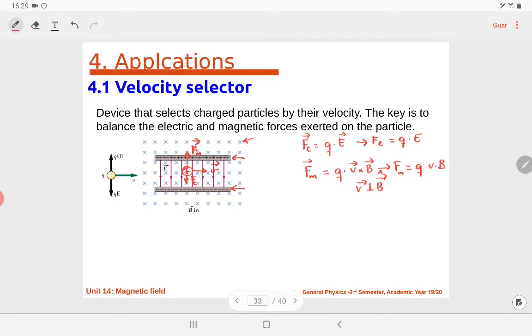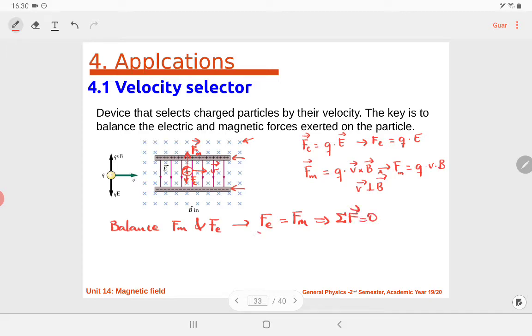So let's imagine that for some particle there is a balance between the magnetic force and the electric force. The electric force is equal to the magnetic force, and as you know, they have opposite directions. So if they are balanced, this means that the total force in vectorial form is going to be 0.